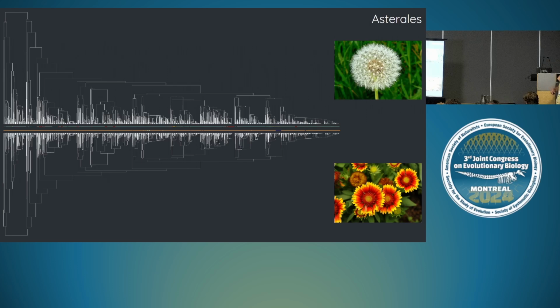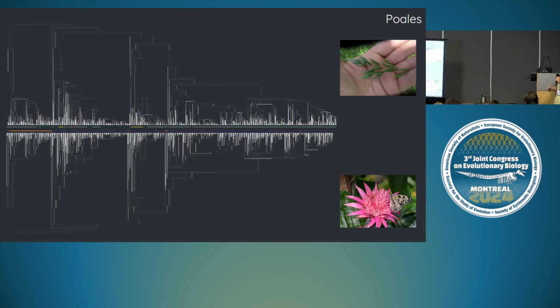But we also have cases in which one trait is very conserved, for instance, pollination in Asterales, the daisies and sunflowers. But we have quite a lot of variation in terms of seed dispersal for this order. And lastly, we also have cases in which both traits can vary quite a lot. So this brings interesting questions that we want to address in the future, for instance, correlated evolution and other things like that.